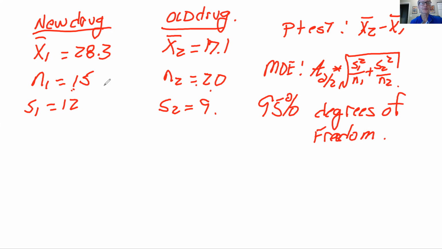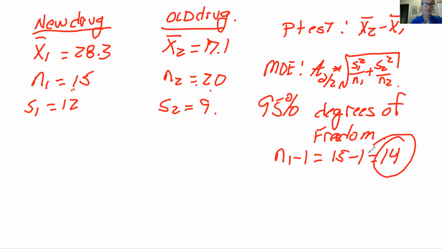In this case, our smallest sample size is 15, so our degrees of freedom would be n1 minus 1, which is 15 minus 1, which is 14. So you could look this up on a table.